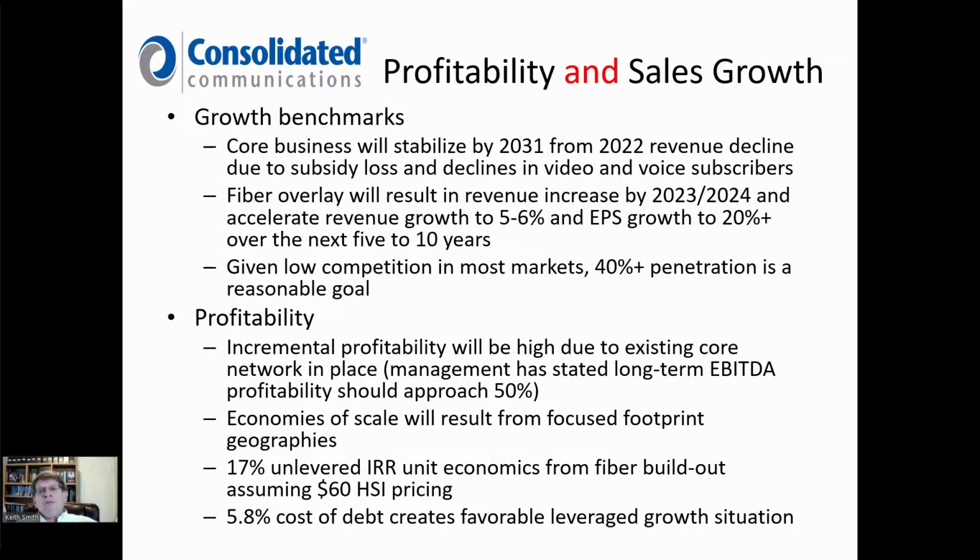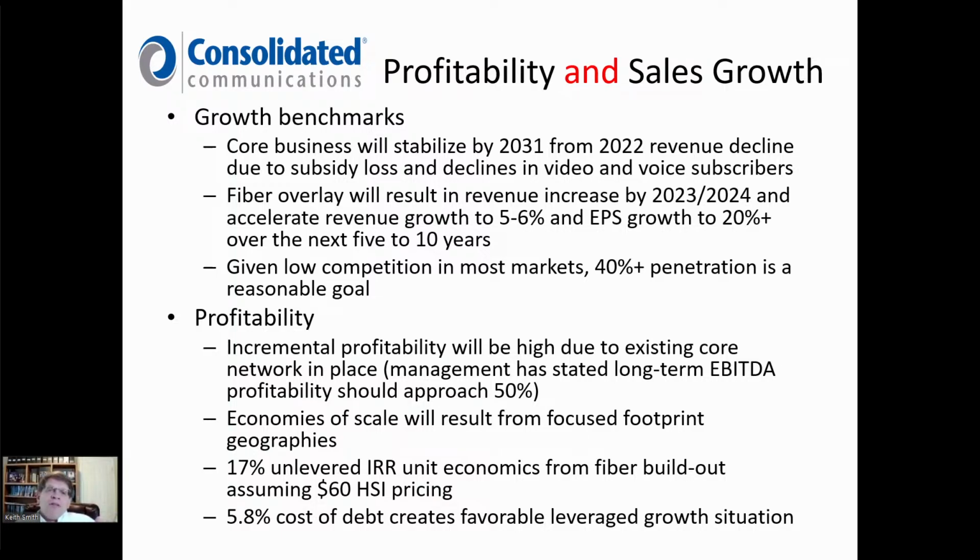The fiber overlay is going to add incremental revenue on top of that and accelerate revenue growth of 5 to 6%, and EPS growth of 20% over the next 5 to 10 years. Because the way Consolidated is set up, they've got the interconnections amongst the cities. They just need to fund the connections from a central point to the homes, and that's a lot less than it would be to start the whole thing from scratch.